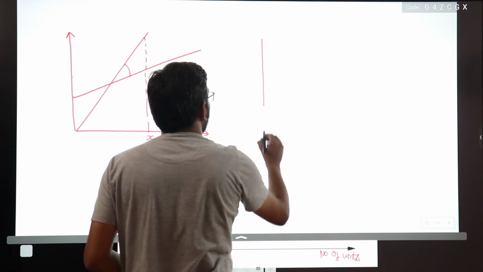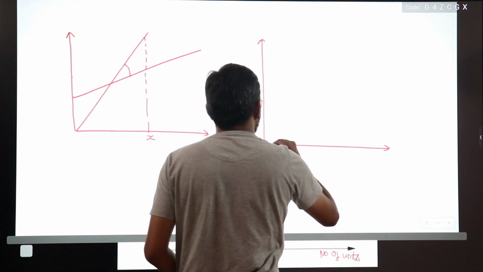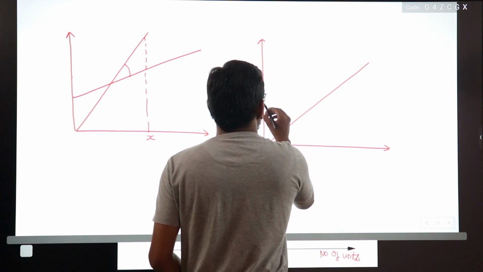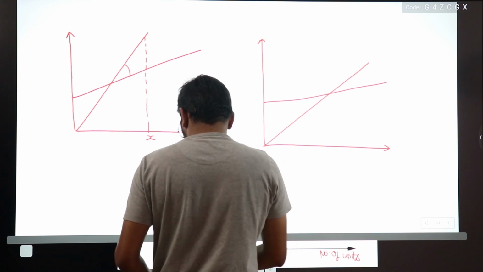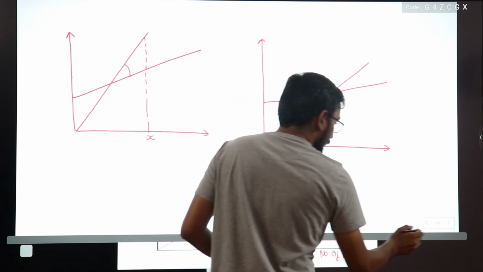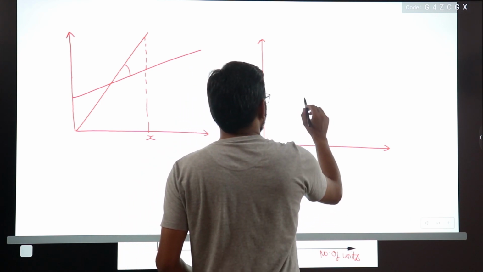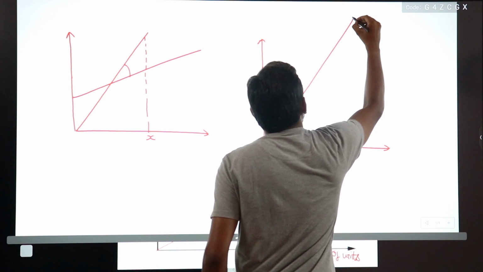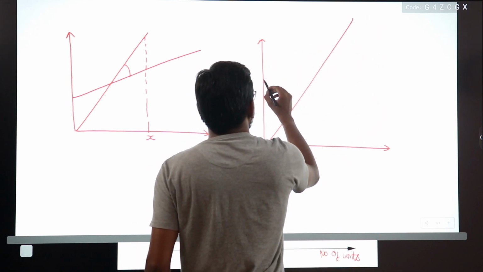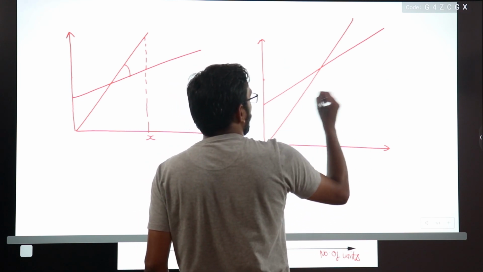Suppose this theta is less. This is the total sales and suppose this is the variable cost, total cost.